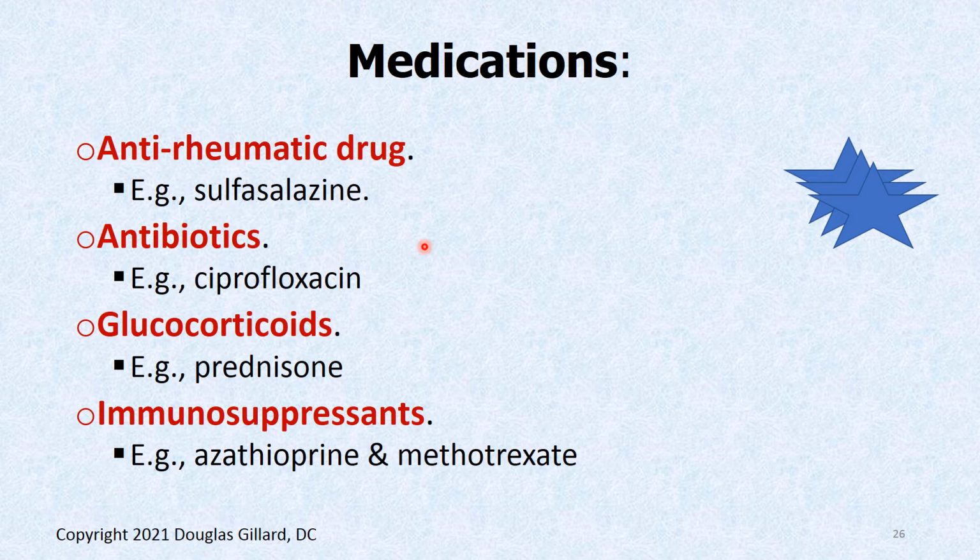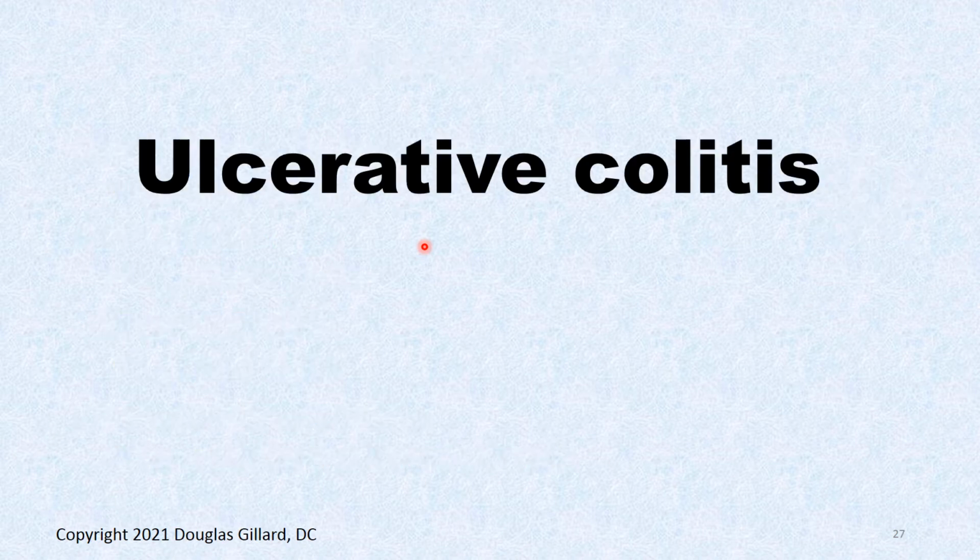It's an anti-rheumatic drug. Antibiotics, because there's almost always going to be an infection associated with this. Glucocorticoids to help snuff out the inflammation. And then immunosuppressants, because there's indications that Crohn's disease has an autoimmune component to it, and overactive immune system needs to be calmed down a little bit.